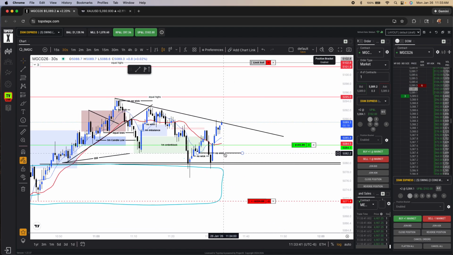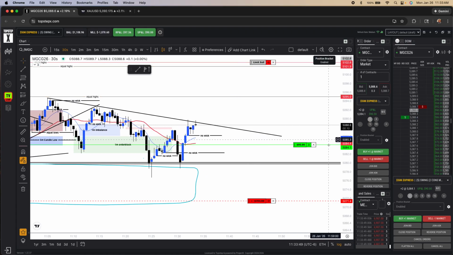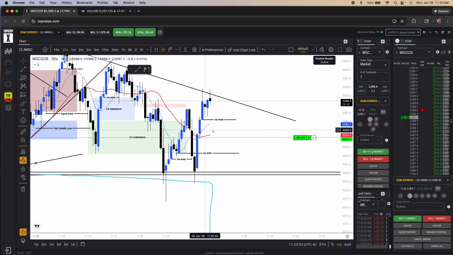So we did take, like I said, the 2 no wick candles. There's another one that just formed right here, along with some equal lows. So we may come down and take this, come into all of this imbalance before going higher.